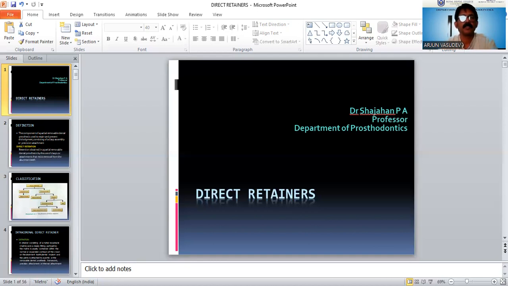Now the stability: the quality of the prosthesis to be firm, stable, or constant, and to resist displacement by functional, horizontal, or rotational stresses. Support is the resistance to displacement of the prosthesis towards the basal tissue or underlying structures, provided by occlusal, lingual, and incisal rests.